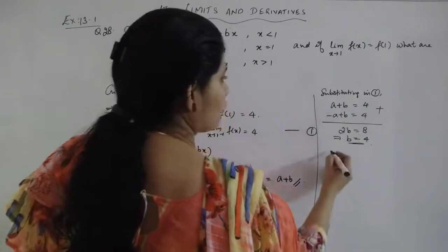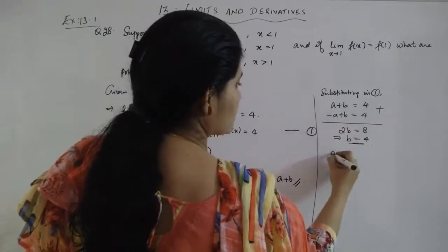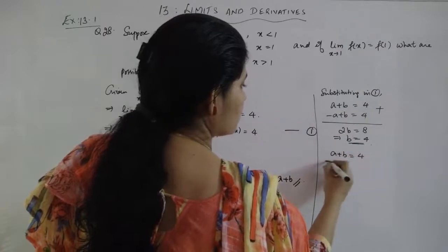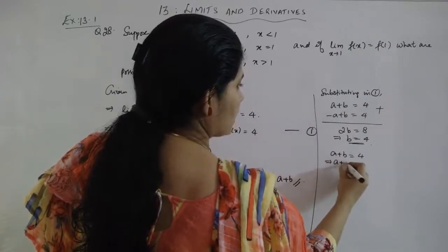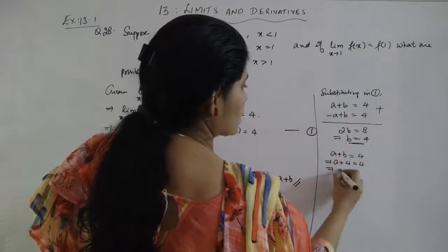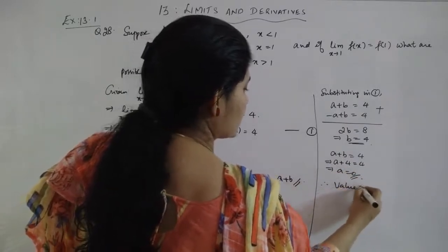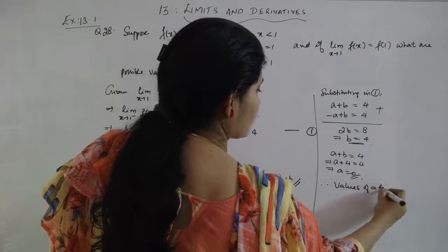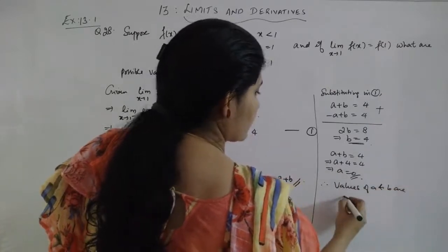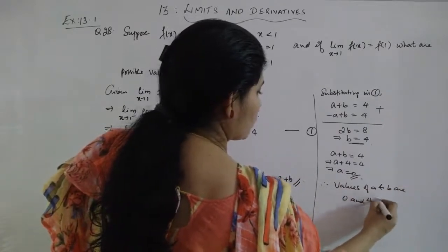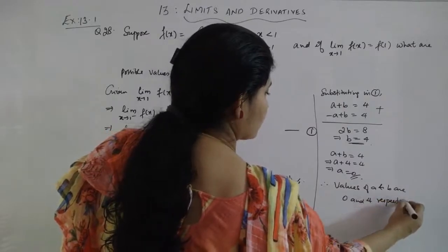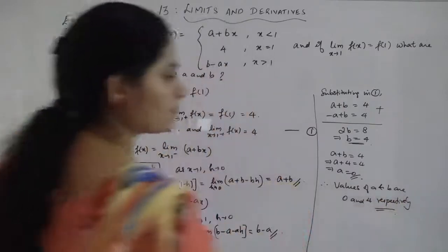Now replacing the value of b in either of the equations, you will get, see, you have a plus b equal to 4. So this is a plus 4 is equal to 4 means a is equal to 0. Therefore the values of a and b are 0 and 4 respectively. Okay.